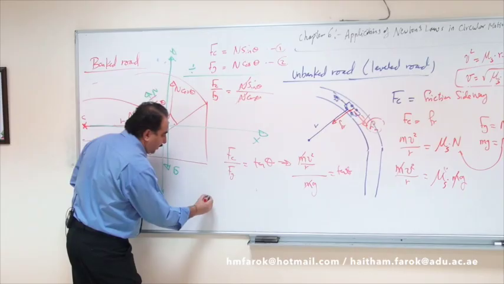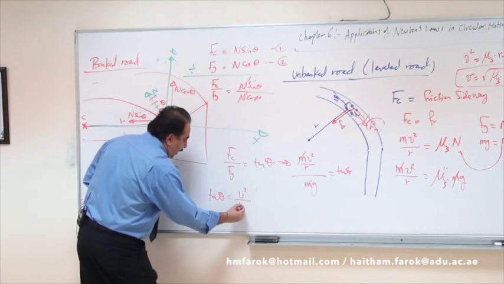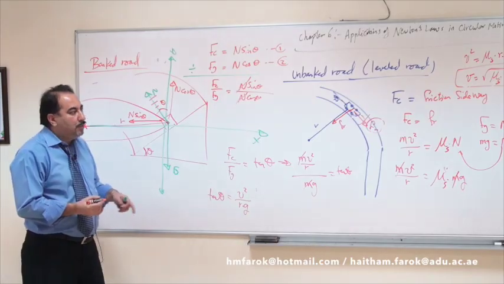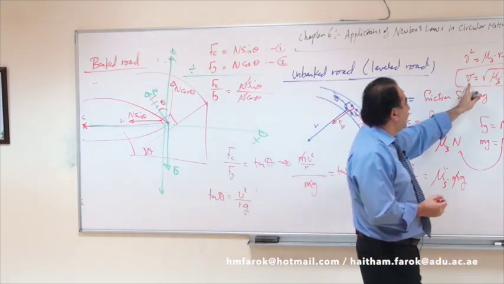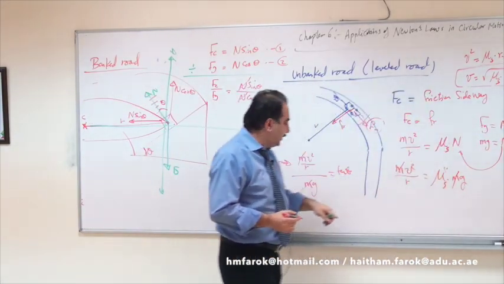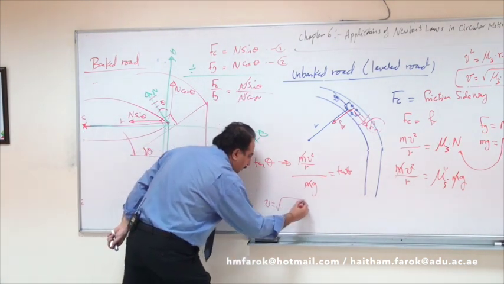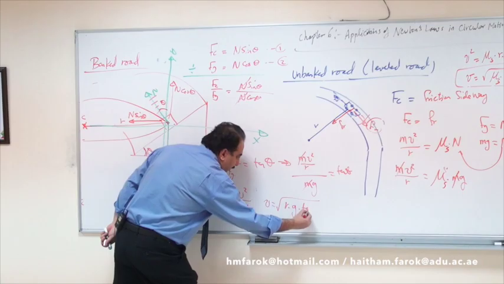I can say that tan theta equals v square over rg. But if I want to compare it to the unbanked road, how did I write? V equals, yeah? So let's write what V equals here. What is V equal to? V equals the square root of rg tan theta.